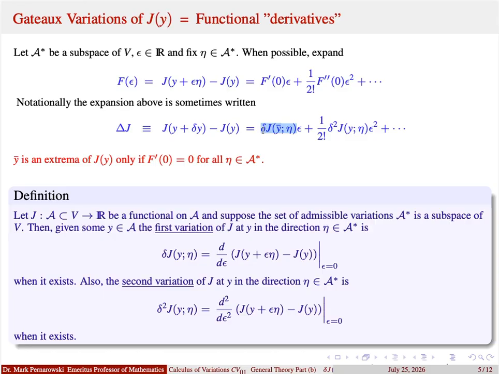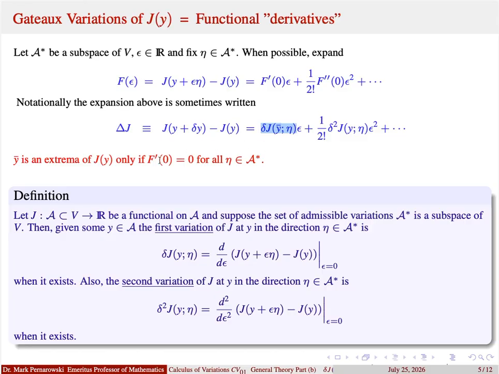Suppose that thing was equal to 7, so I'd have 7 times epsilon. Well, for positive epsilon, I'd get a positive number. For negative epsilon, I'd get a negative number. How is it possible that that could be a minimum at that point? Because on one side of epsilon, it's bigger. On the other side, it's smaller. So the only way you get around that is to make sure that this first variation has got to vanish.